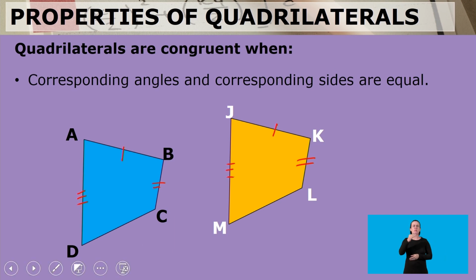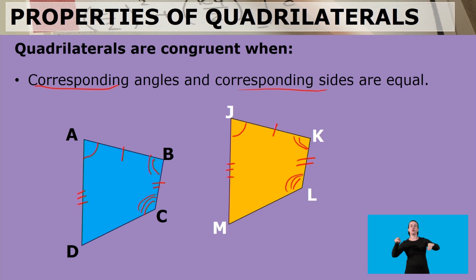So that's what we mean when we speak of corresponding angles and corresponding sides. And that means the angles of those sides would also be equal because the sides are equal. That's what congruency does, and in this case, that's what we're looking at.